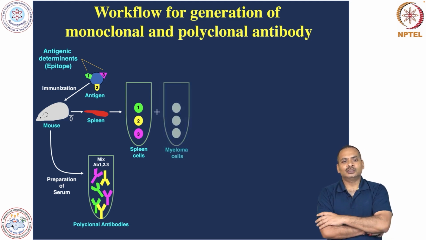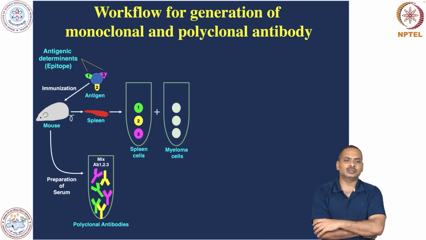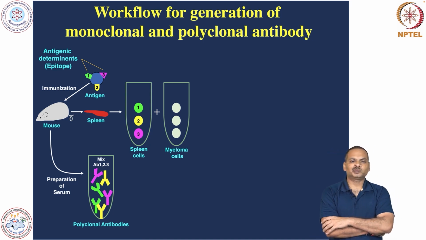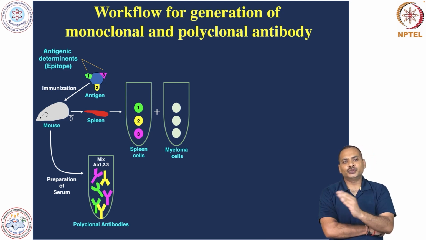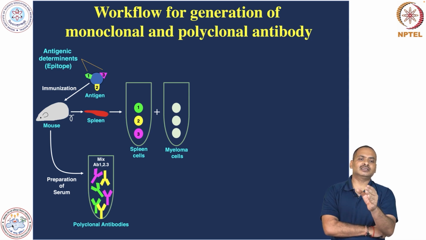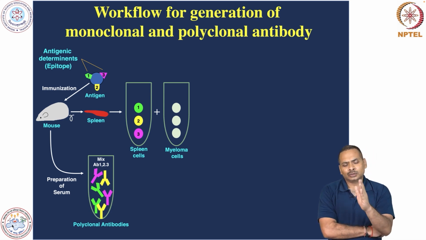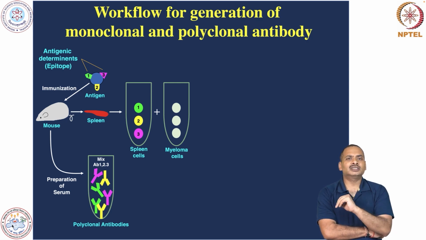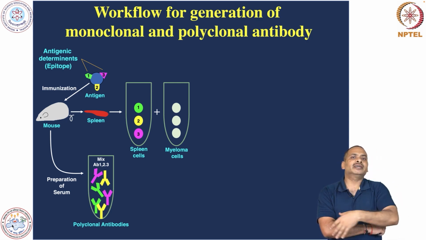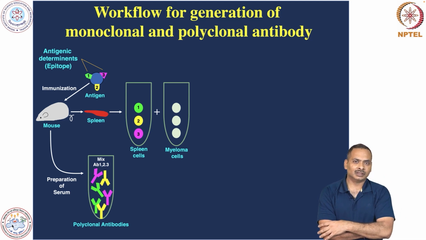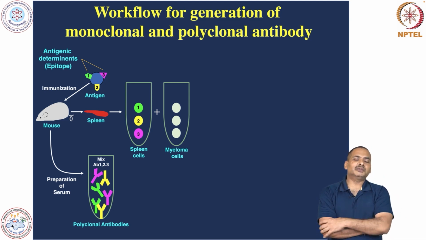After that, you need to fuse these cells with myeloma cells. This myeloma is basically a cancerous B cell. Try to understand that the green, yellow, and purple cells cannot multiply for a longer time, because they are primary cells.